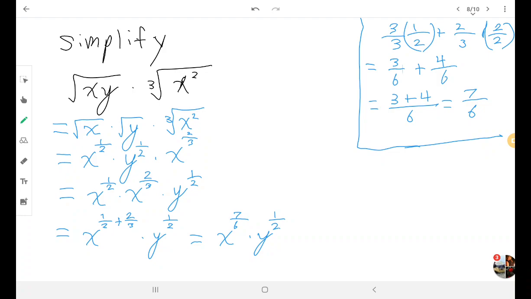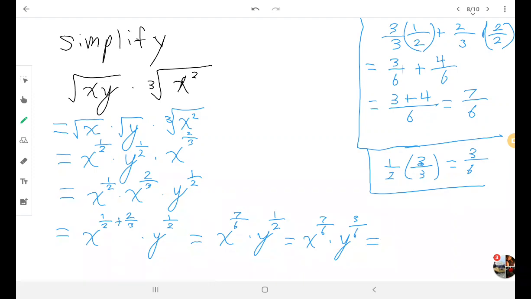If you wanted to write it in root form, in what they call radical form, you could do a tiny bit more side work here and say, okay, I got this 1/2, and if I multiply it by 3/3, I can make it look like 3/6, and I can rewrite that. So I can have x to the 7/6 times y to the 3/6.